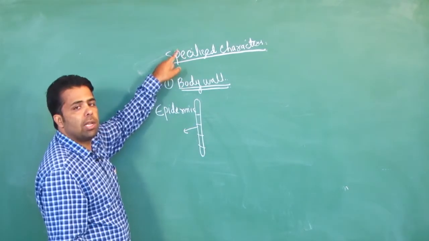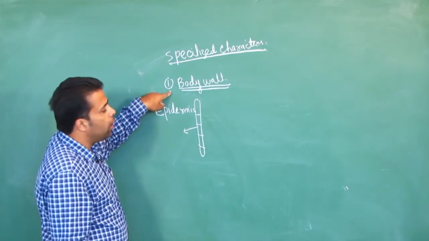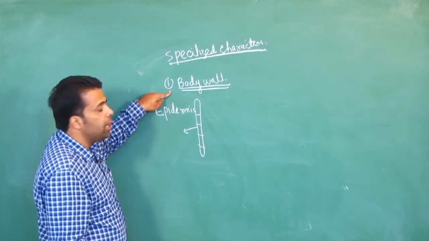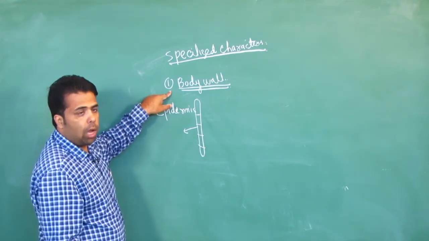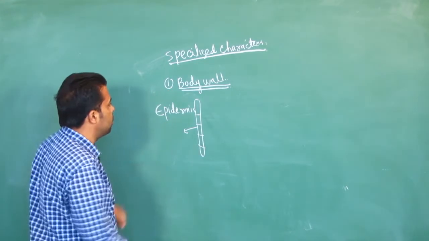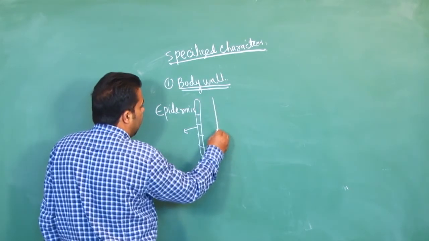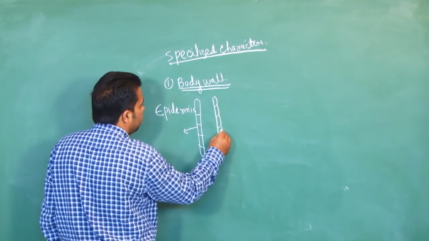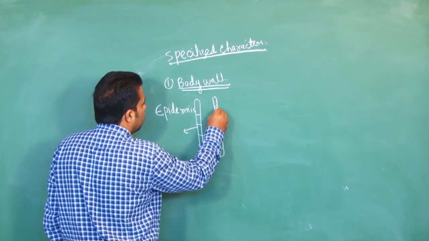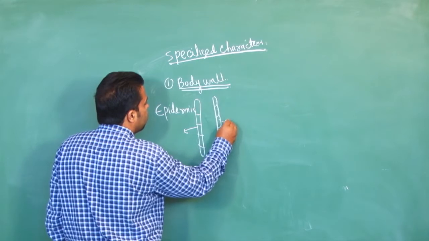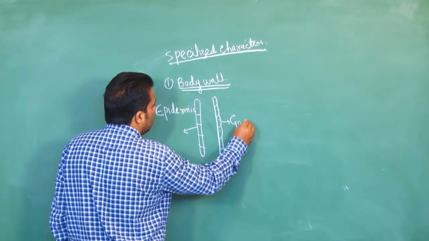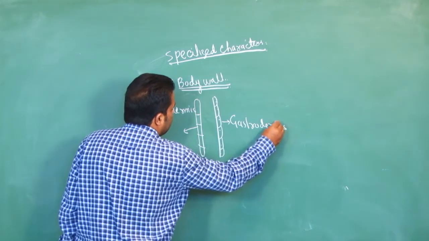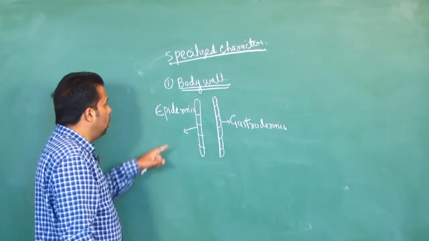We are discussing specialized characters, and the first one is body wall. The body of the coelenterata is made up of two layers. The outer layer is called epidermis and the inner layer is called gastrodermis.